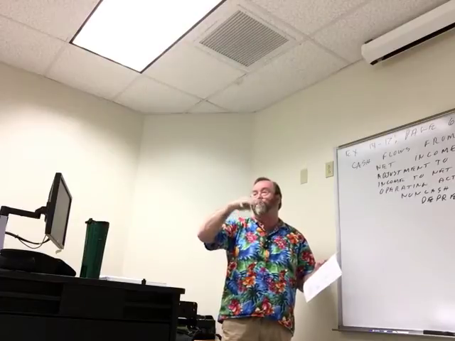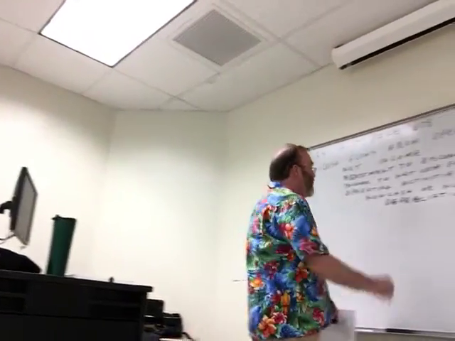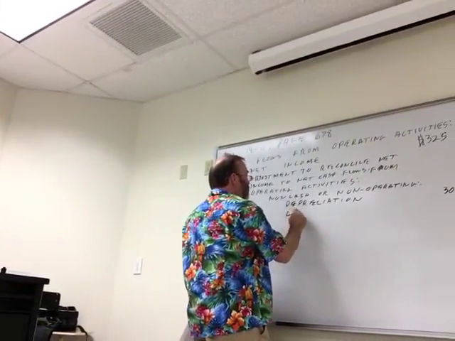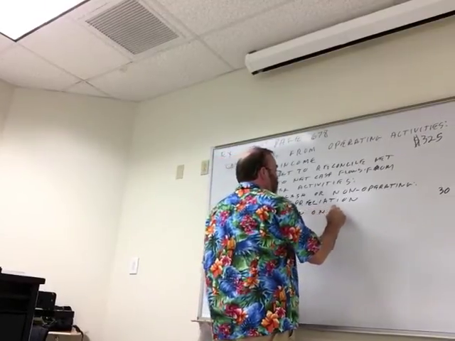So you sold $50 worth of land, because that's the reduction in the land. It went from $450 down to $400, for $125, you had a gain on sale of land.